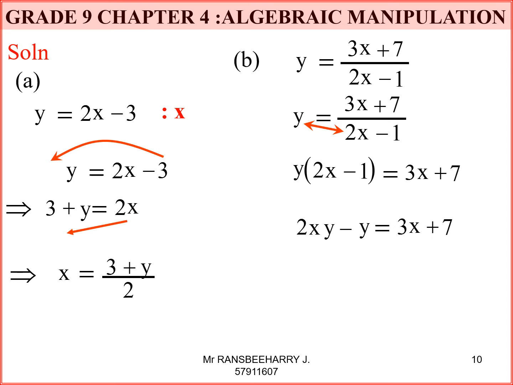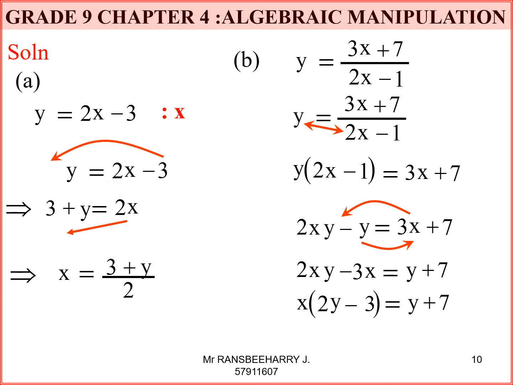Next step, all the terms that contain x are sent to the left hand side. So we have 2xy, 3x on the other side becomes minus 3x. So we have 2xy minus 3x is equal to 7 plus y, or y plus 7. So here we factorize x common.